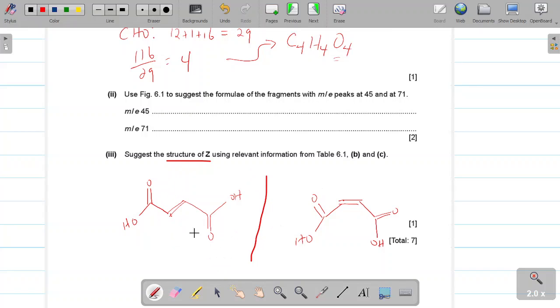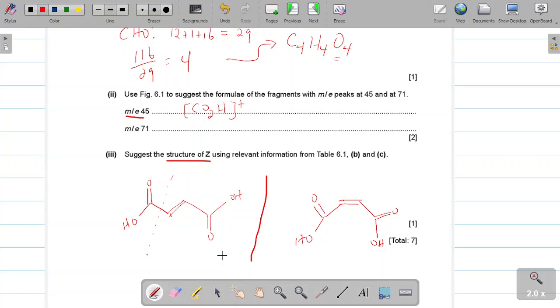Now using this, we can now suggest what these fragments are. If we look at the carboxylic acid group, we can fragment the molecule in this piece here, and we'll get this carbon, these two oxygens and hydrogens. So we can get CO2H plus, right? CO2H plus. And this would add to the 45 m/z ratio that we have.